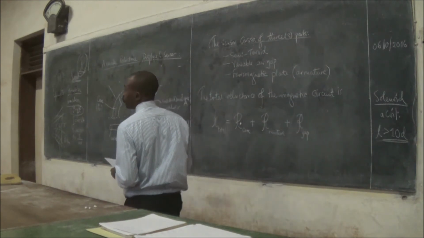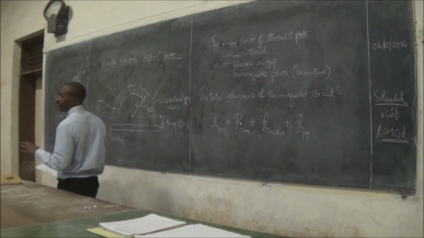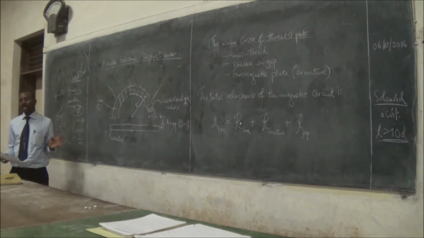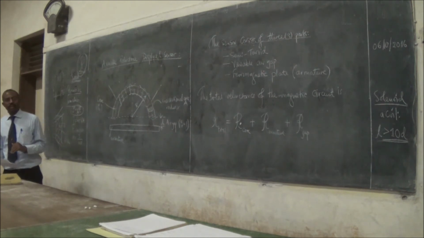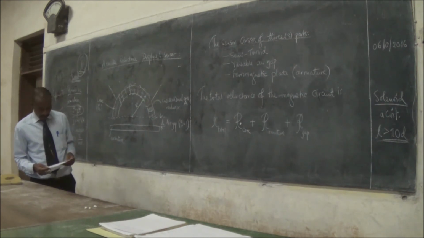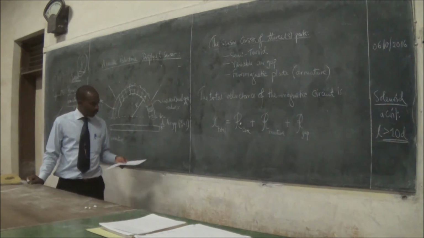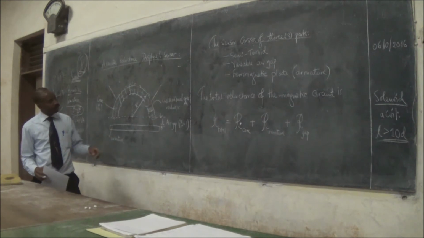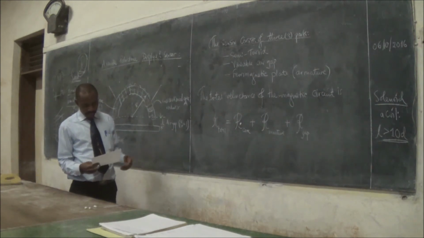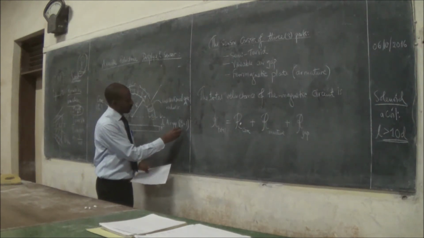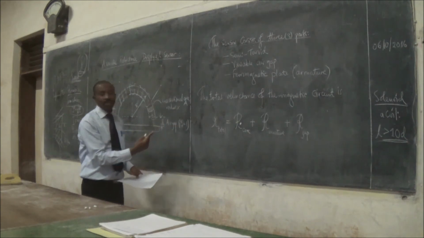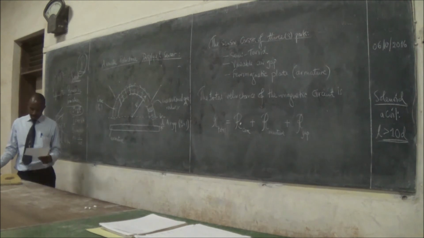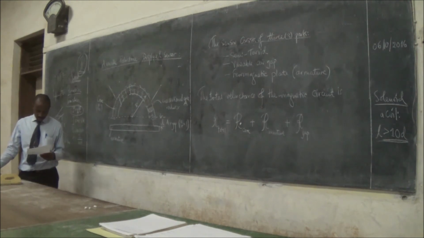So in order not to confuse air gap and the armature, we use A and G. We have mu R C, mu R A, and mu R for the gap, but we said that is equal to 1, so we are not going to be using it.